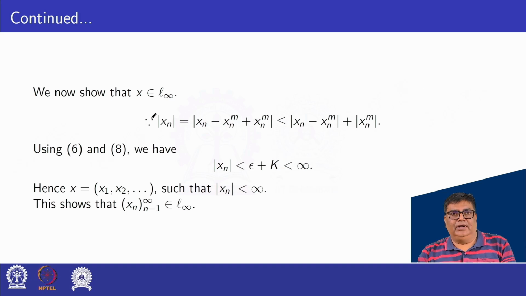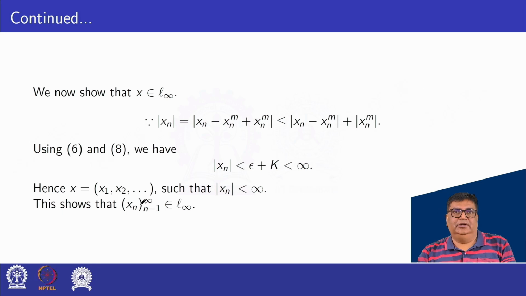It means mod x_n is less than epsilon plus k, that is, total less than infinity; that is, mod x_n is bounded. Hence we can say that x is an element of L infinity.